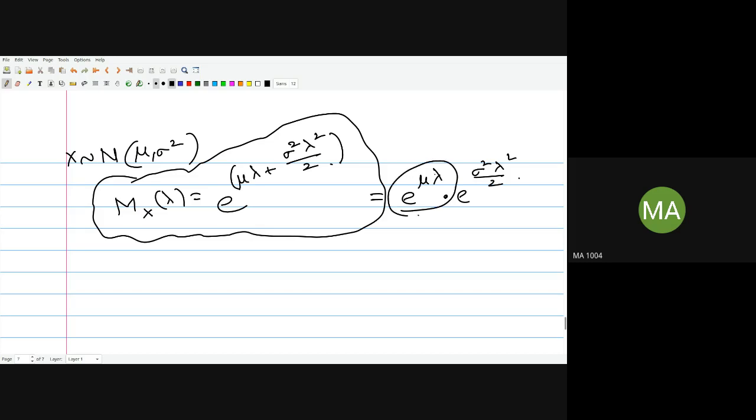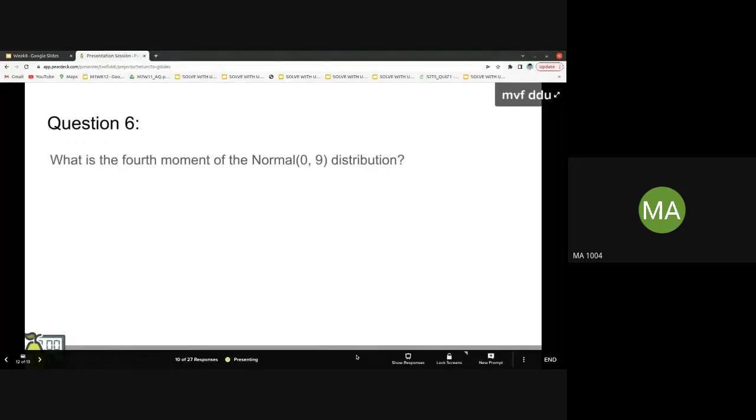If this mu is 0, this term will vanish and become 1, so the normal 0, sigma square MGF will be this. But if it has mu also, this is how the moment generating function will look. But it is not necessary now. Now try to solve the fourth moment of the normal 0, 9 distribution.